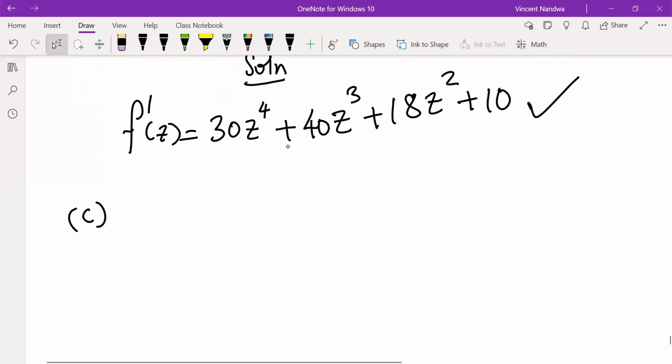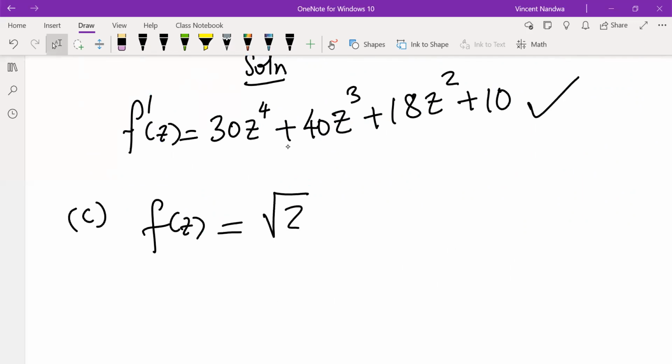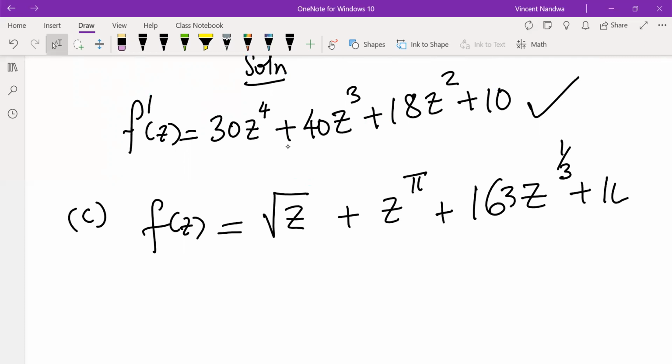C, f of z equals square root of z plus z power pi plus 163 z power third plus 10.